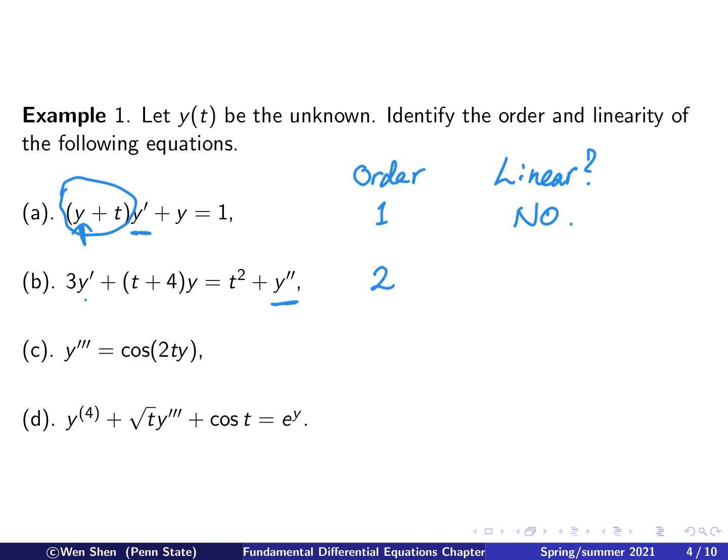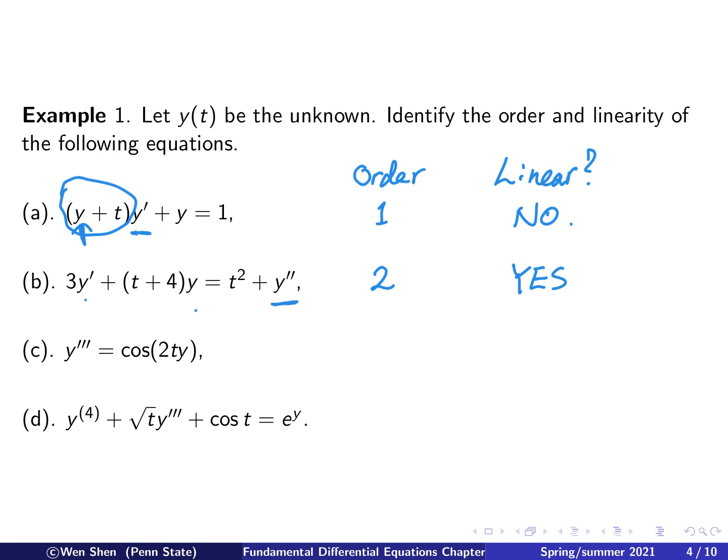Y prime is multiplied by 3, which does not depend on y. And then y is multiplied by t plus 4, which doesn't depend on y. T squared is just t, it doesn't have y in it. And then the y second derivative is multiplied by 1 and doesn't depend on y. Okay, so all the terms pass the test, so this is a linear equation.